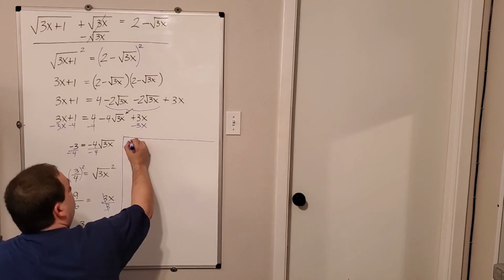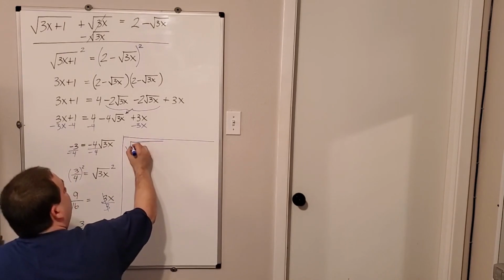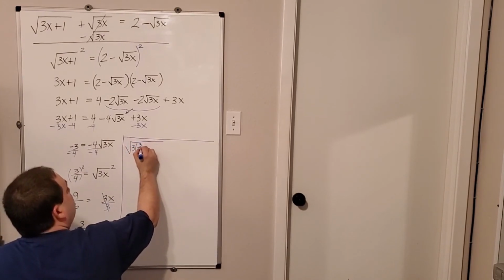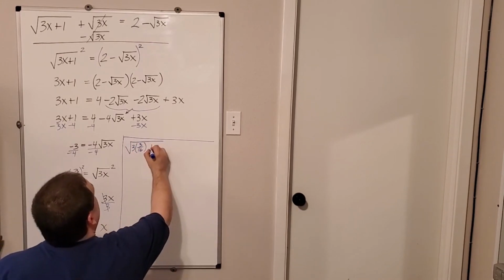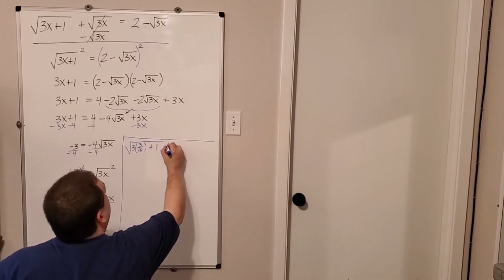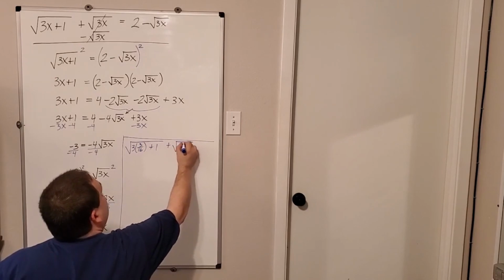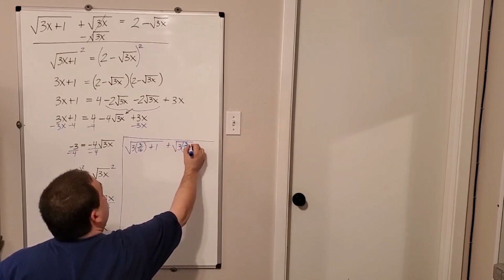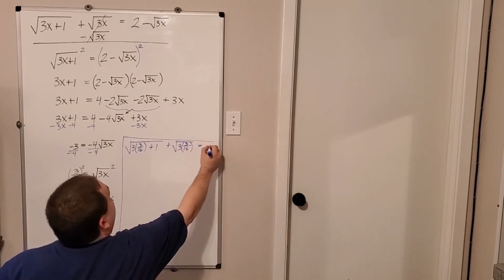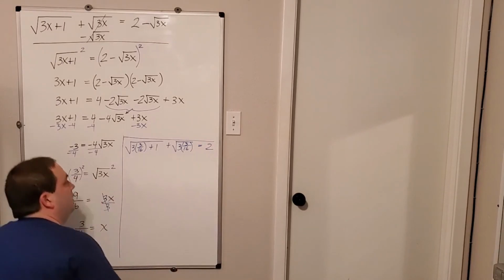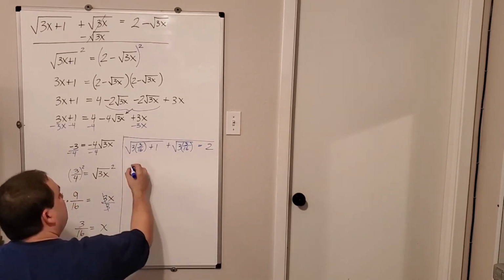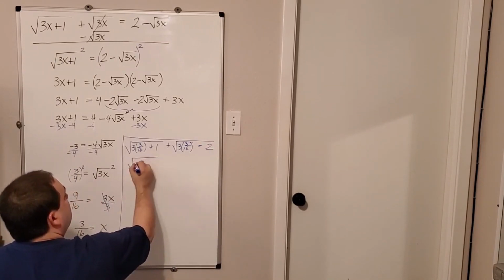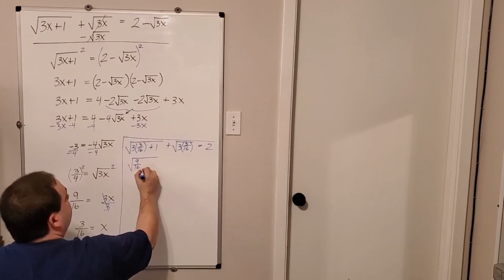So square root of 3 times 3/16 plus 1 plus square root of 3 times 3/16 should equal 2. Okay, 3 times 3/16 is 9/16.